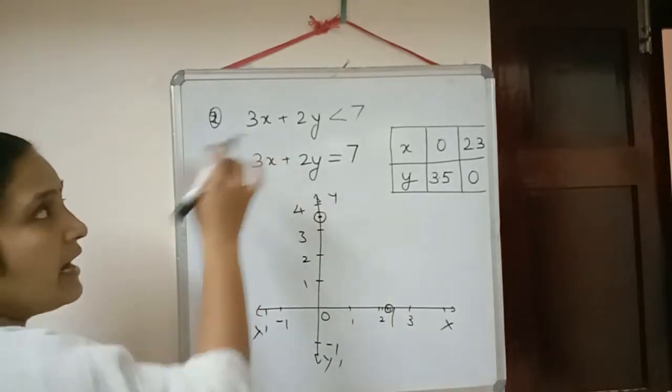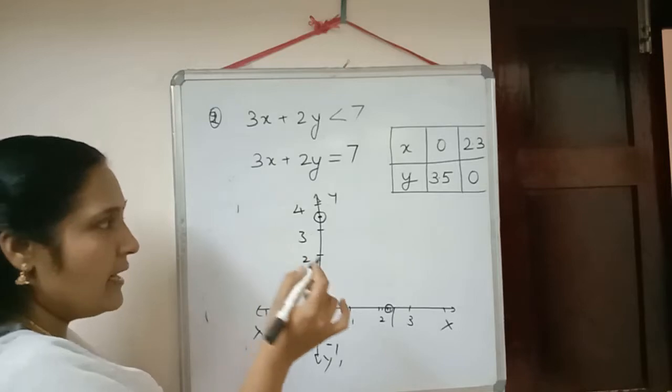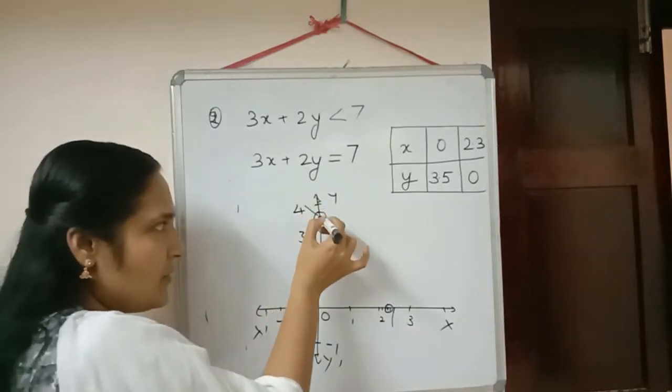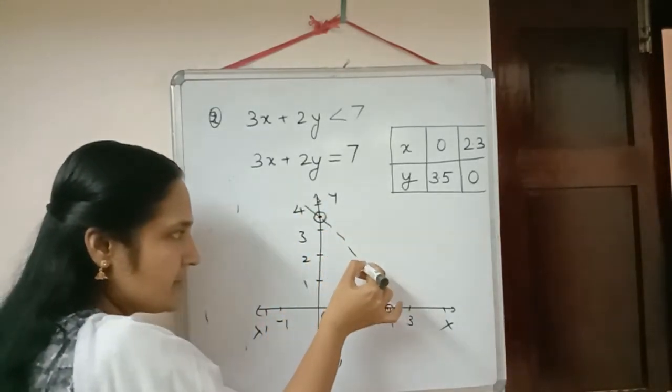Now we have a strict inequality, so you have to use dotted lines.